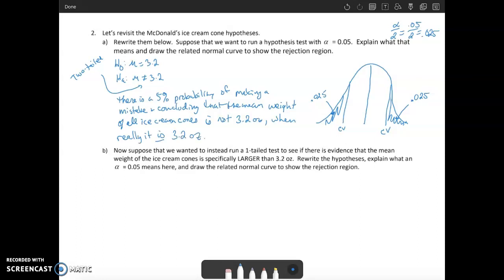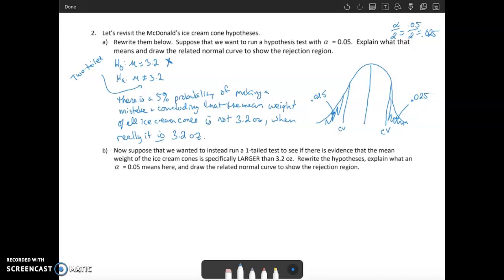Because that is how the alpha value is defined. The probability of making a mistake and rejecting the null, so rejecting the idea that it's 3.2 and saying, no, it's not, we found evidence that it's not, and being wrong, and the mean weight still really being 3.2 ounces.